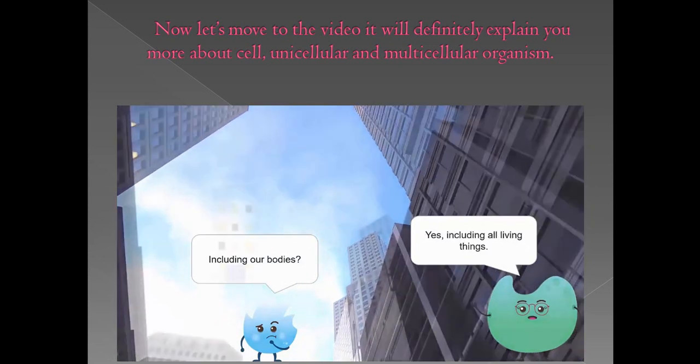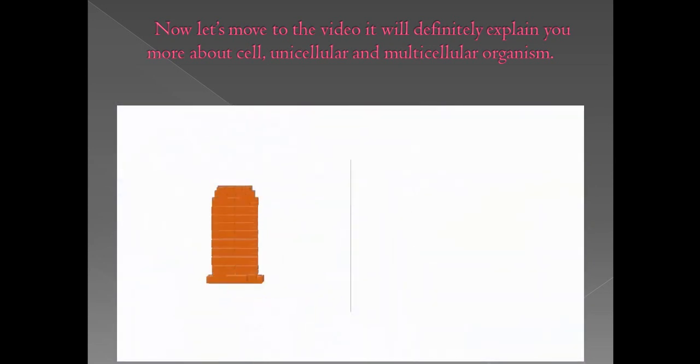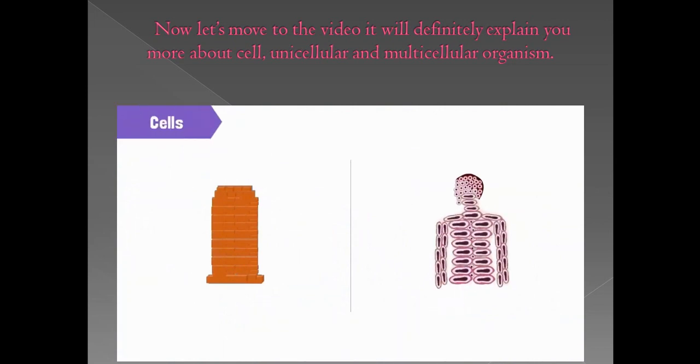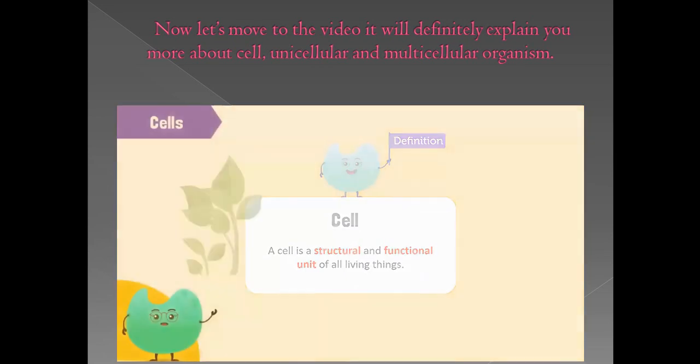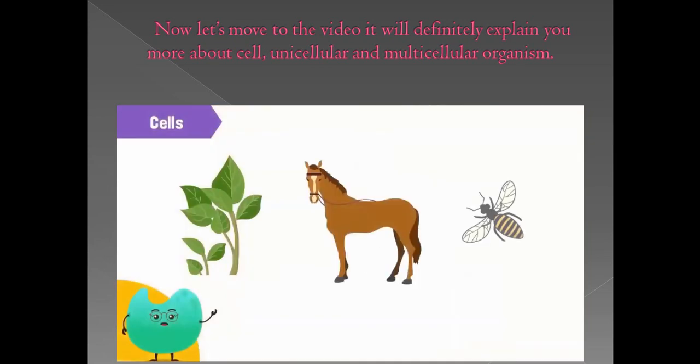Just like a building, all the organisms are made up of very tiny building blocks called cells. The cell is a structural and functional unit of all living things. Every living thing is made up of cells.